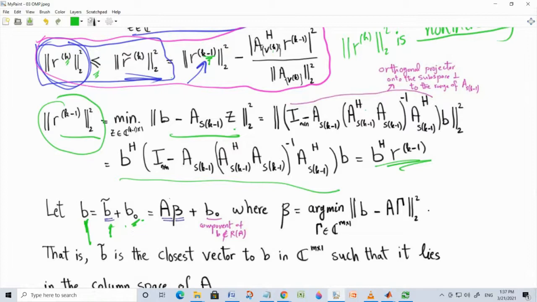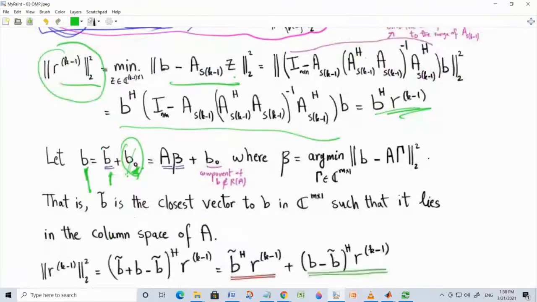But let's suppose that for some reason b has a component here. This is more general than what you have in the homework. What you have in the homework is the special case in which b is in the column space of A, and so this component is 0. If you are annoyed by it, you can just set it to 0 at the end.